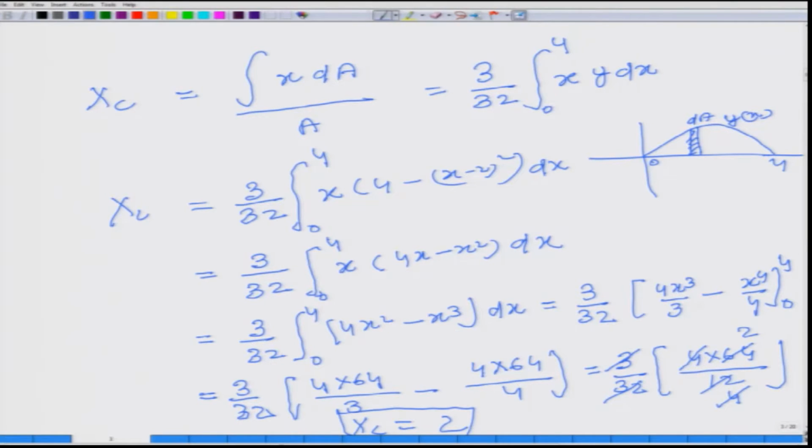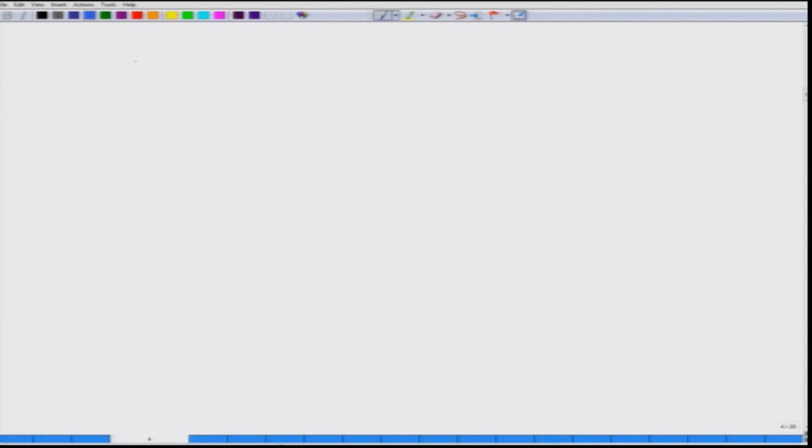Now, we will find out the value of y bar c. For that, by definition, y bar c is given by the integral of y dA over A. So, 1 over A is 3 by 32 again, times the integral of y into dA.